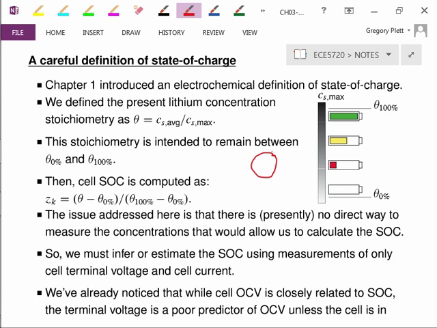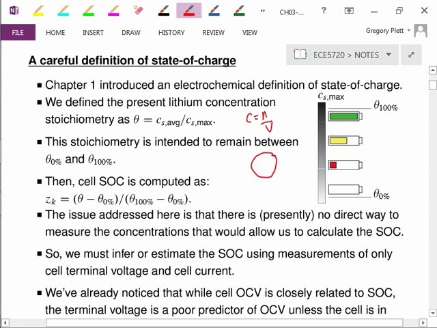And we normalized the amount of lithium in the electrodes by using concentration ideas. So we talked about a concentration equals the number of moles divided by the volume. So number of moles of lithium divided by volume of material that the lithium could occupy.